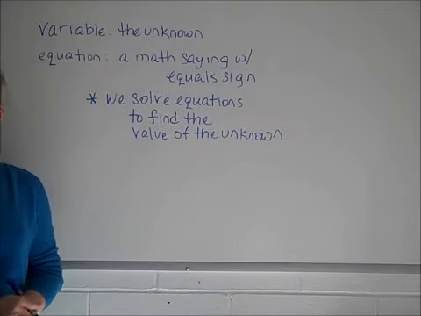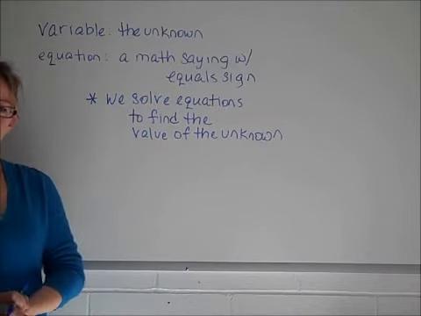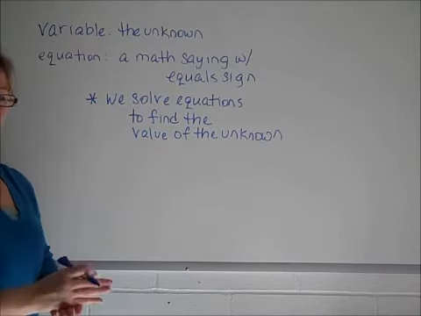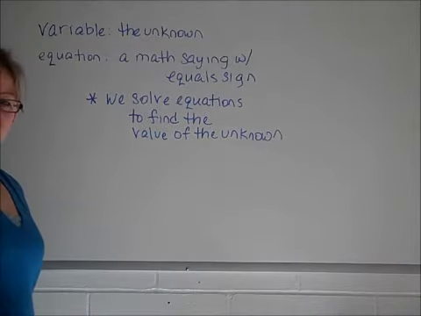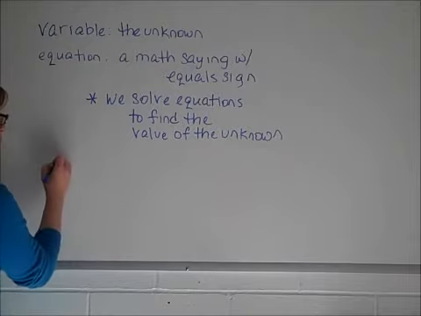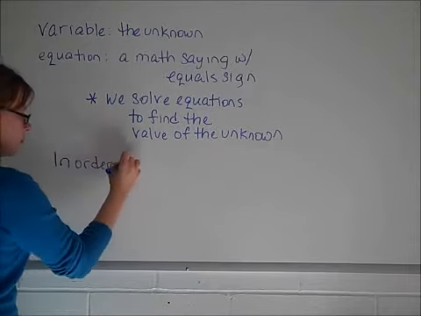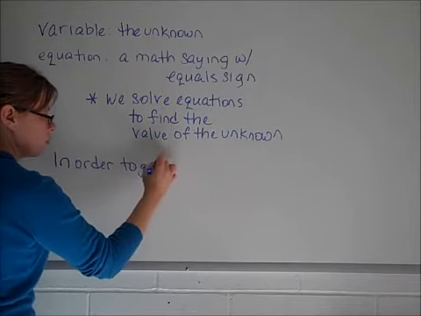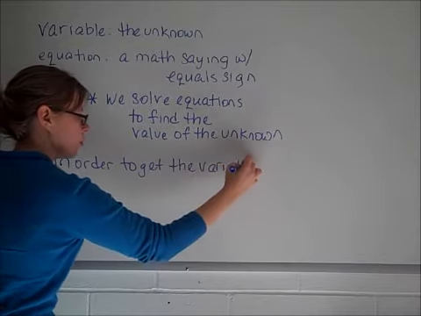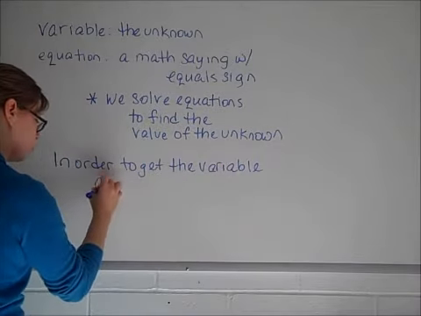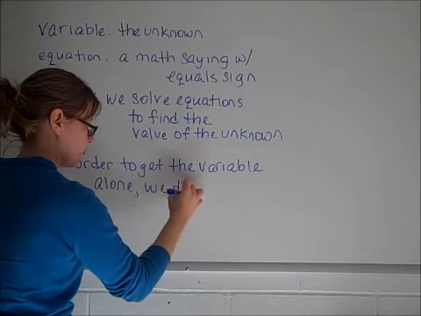The steps that we go about for solving equations are to work backwards from PEMDAS. So, in other words, in today's lesson, we're going to see addition and subtraction. In order to get the variable alone, we do the opposite of what we see.